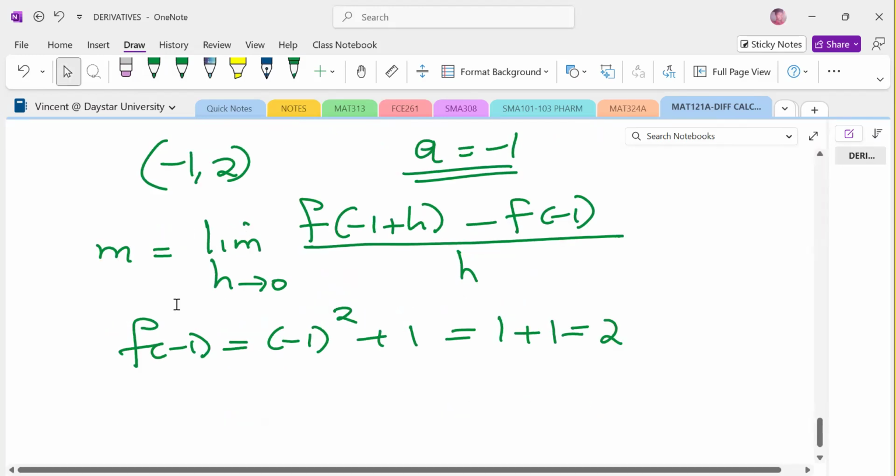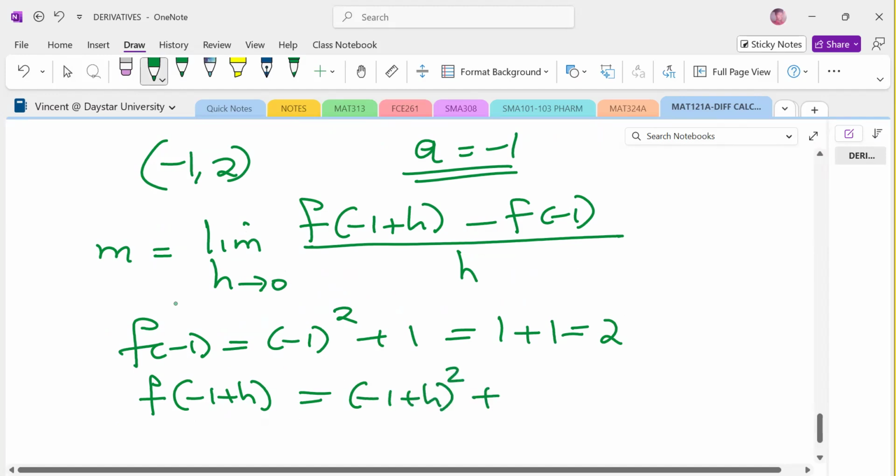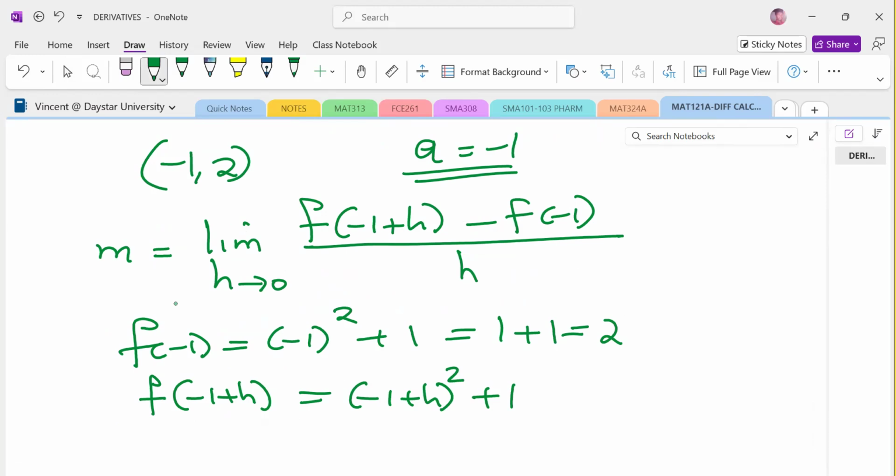And then f of -1 plus h will be the same as (-1 plus h) squared plus 1. So (-1) squared is 1, then plus h squared, then -1 times h is -h, times 2 is -2h, then plus 1.